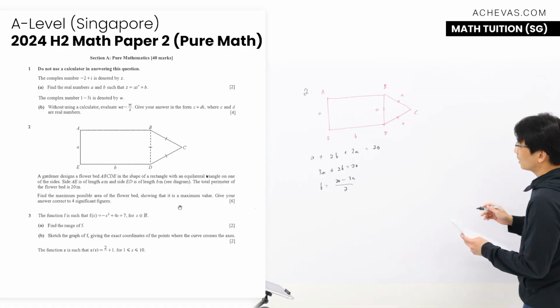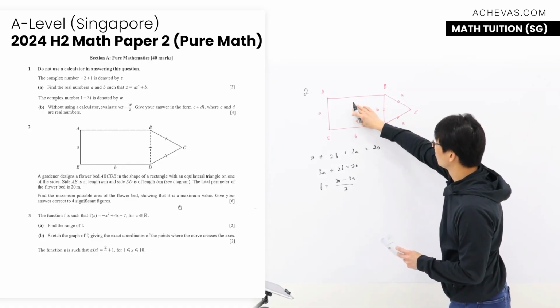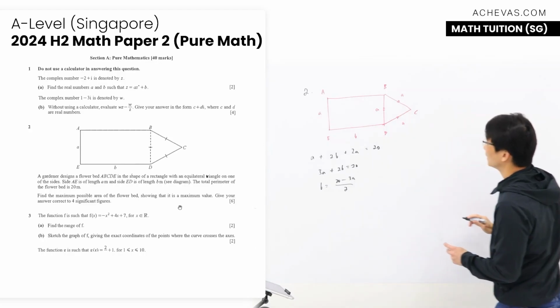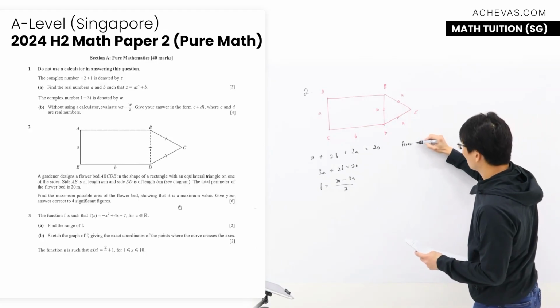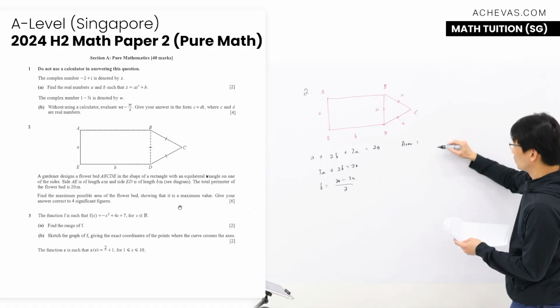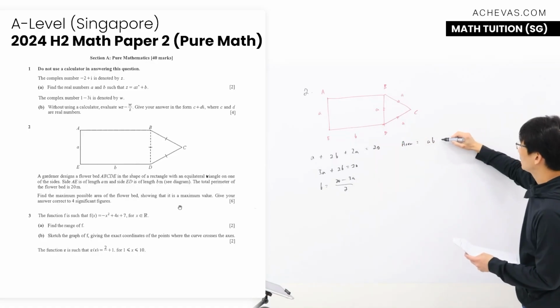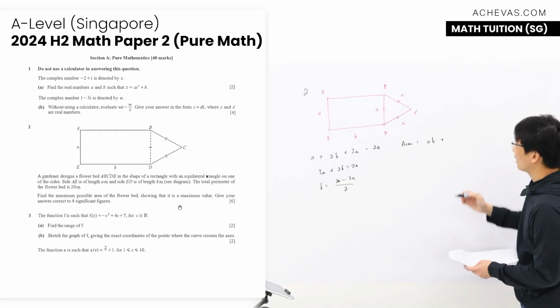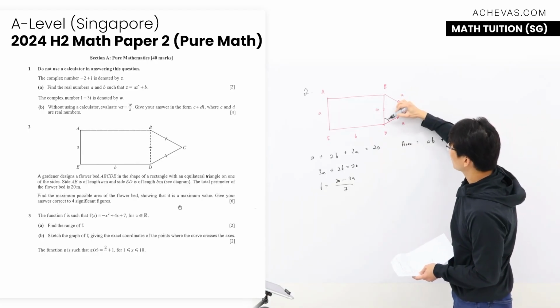The area of this flower bed comprises two parts: one will be the area of the rectangle, the other will be the area of the triangle. Let me write down that area will be equal to AB, length times breadth for the rectangle, plus I'm going to go for half AB sine C because this is an equilateral triangle.